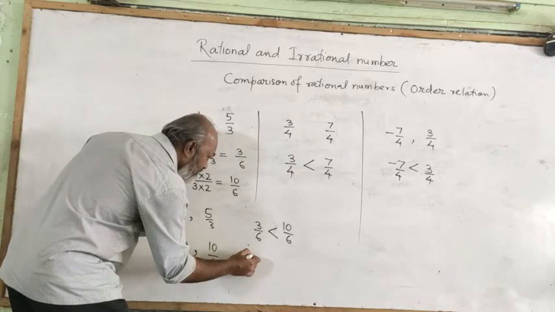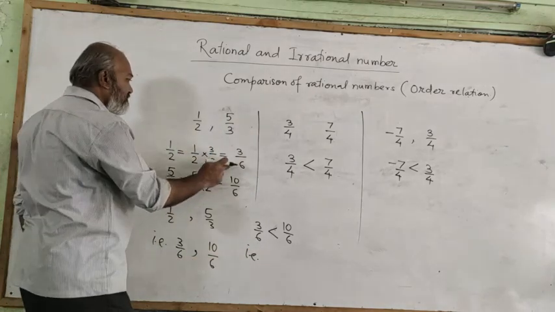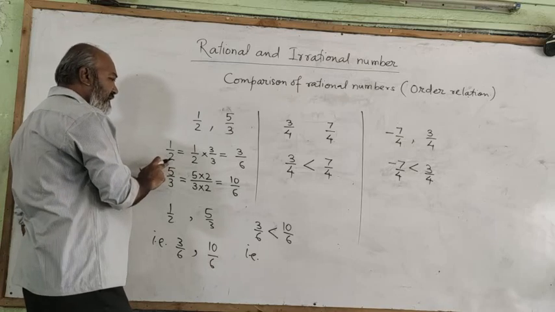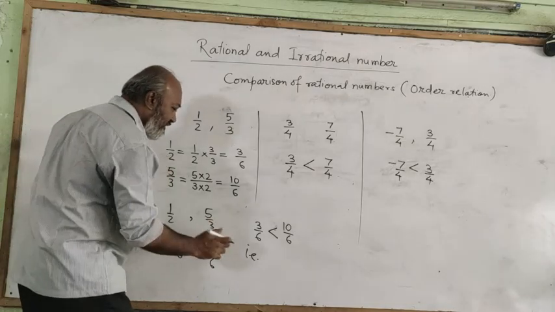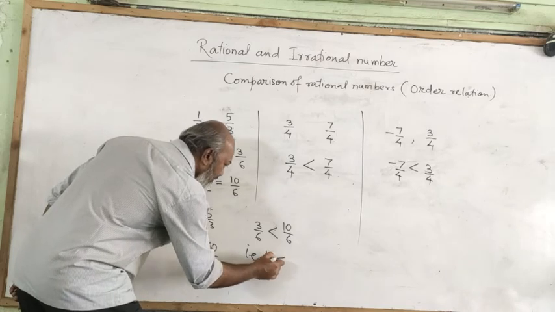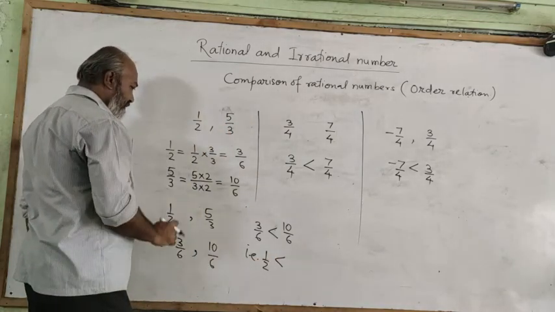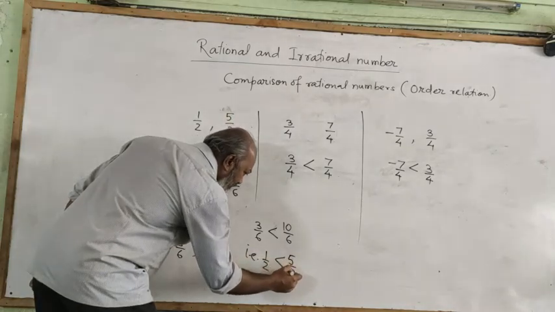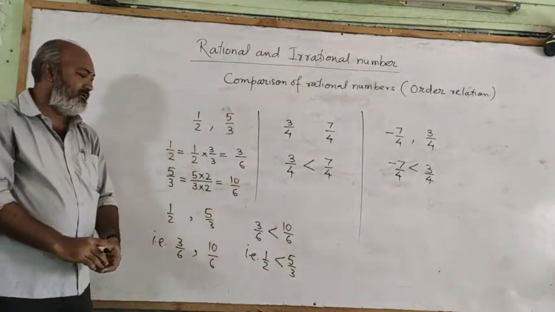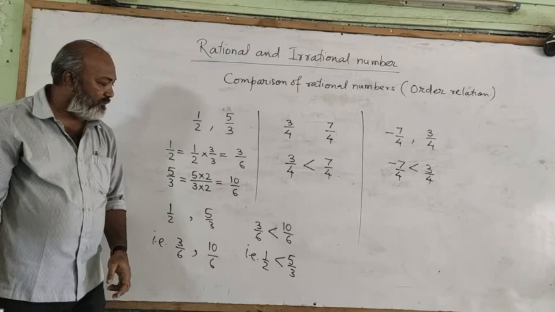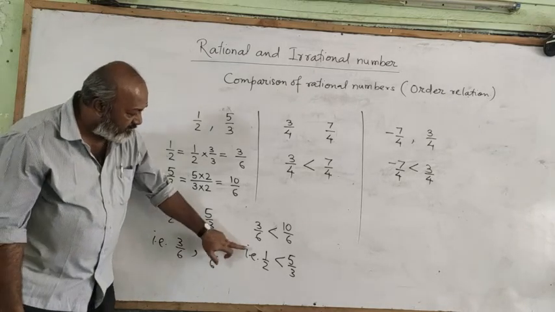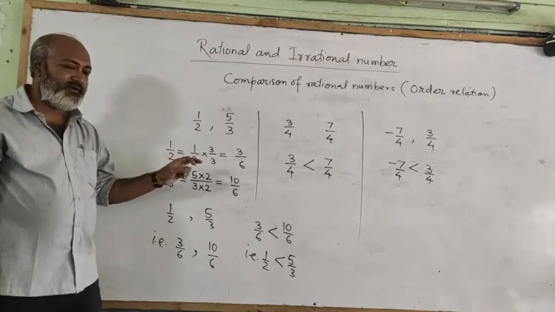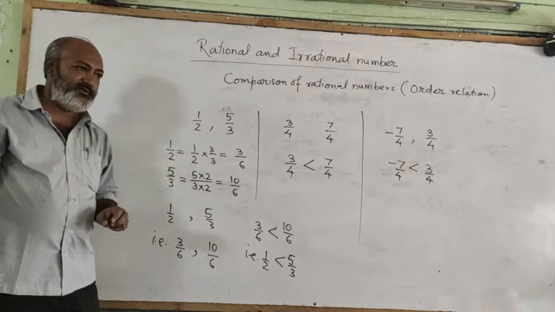That is, 3 by 6 is the original number 1 by 2, and 10 by 6 is 5 by 3. So 1 by 2 is less than 5 by 3. Hence we come to our final answer for comparison of rational numbers.